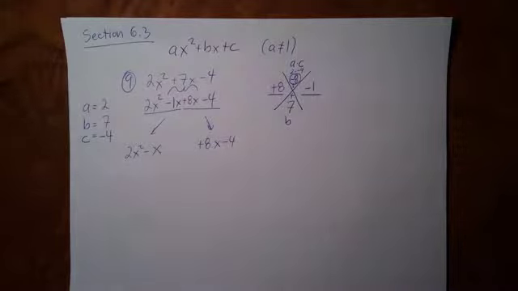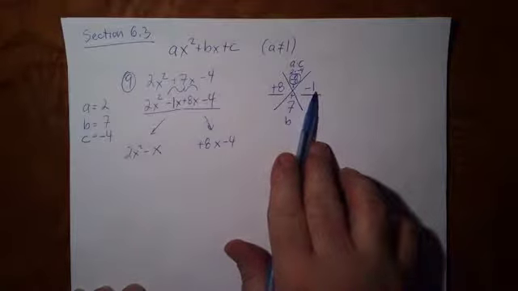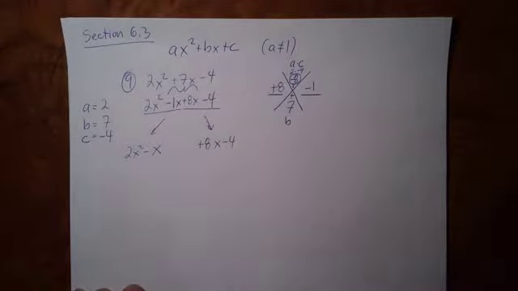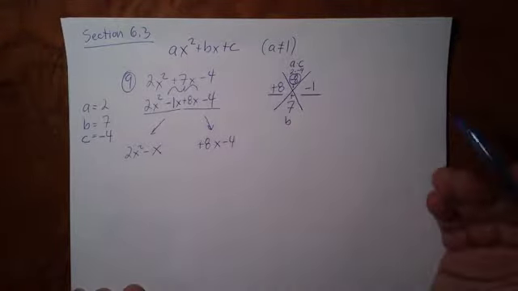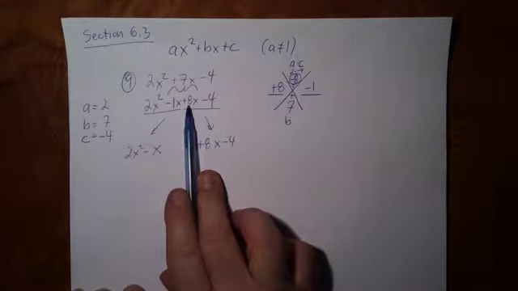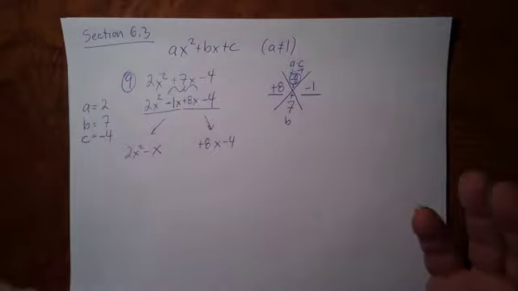Some of you may be wondering, does it matter where I put the negative 1 and where I put the 8? You will still get the same answer, but the factoring may be easier or more difficult depending on your factoring skills. So I put the negative 1x here, and the positive 8x here to make our first example easier to work with.